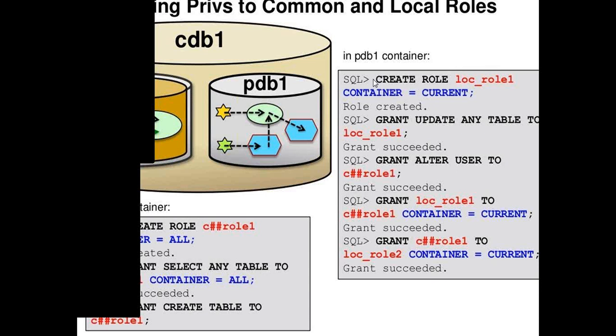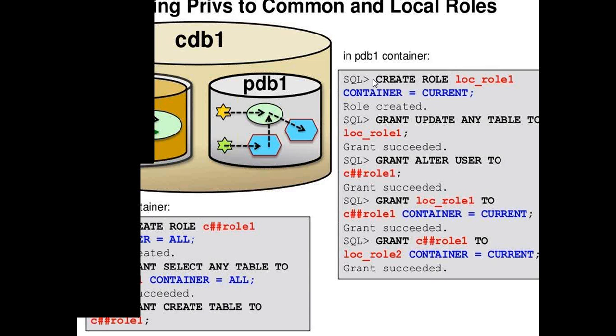Now you can give any kind of privileges to this local role, like grant update any table to local_role1, or grant alter user to this one more role which is present inside the main root container. Now this role is part of this pluggable database 1. You can even grant alter user to C##role1.